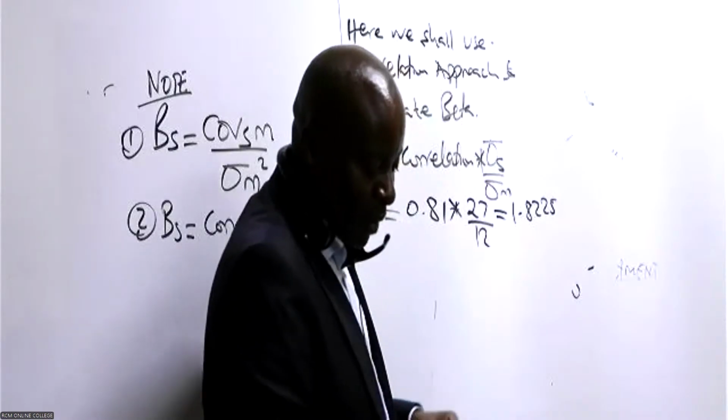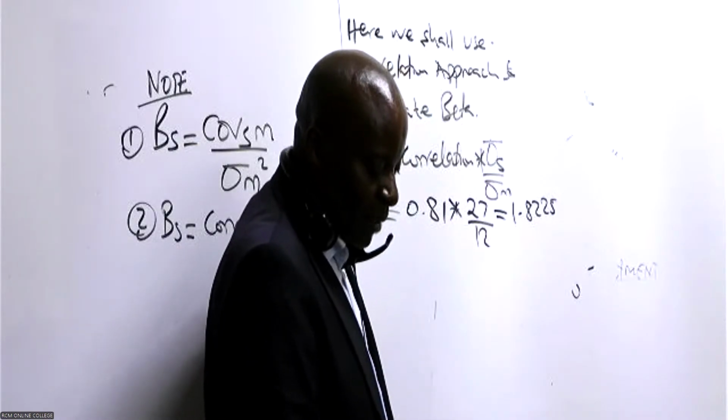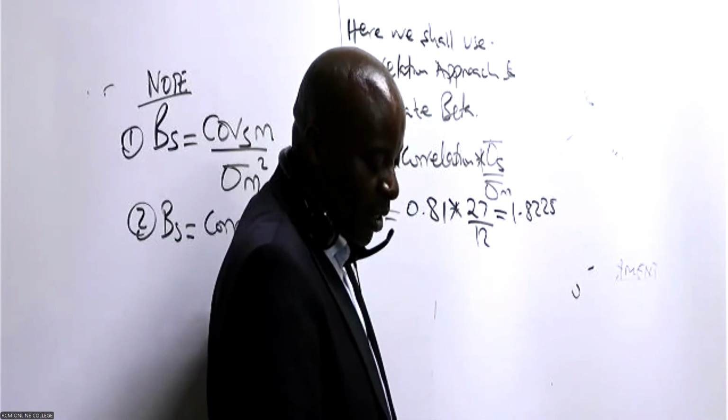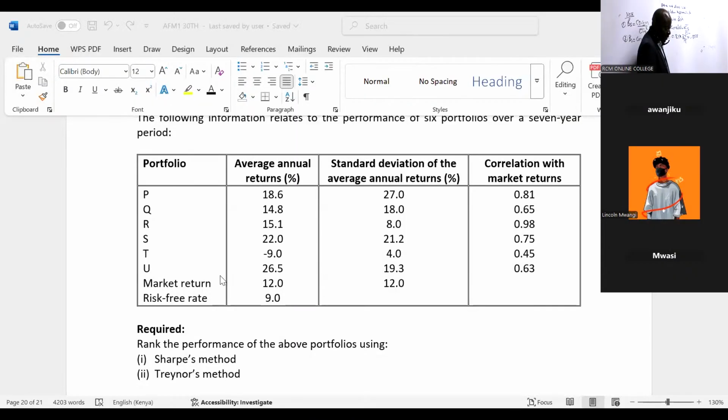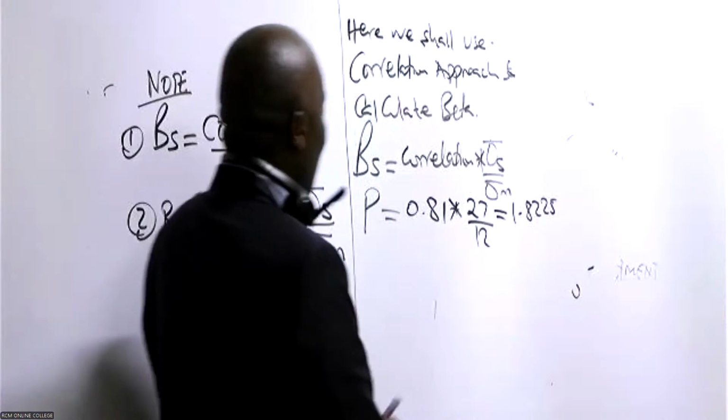Because the examiner never wanted to give us the standard deviation of the market directly. They only gave it here, beside the market return. I hope that is good enough. So they're giving me an answer of 1.8225. Go to the next one.